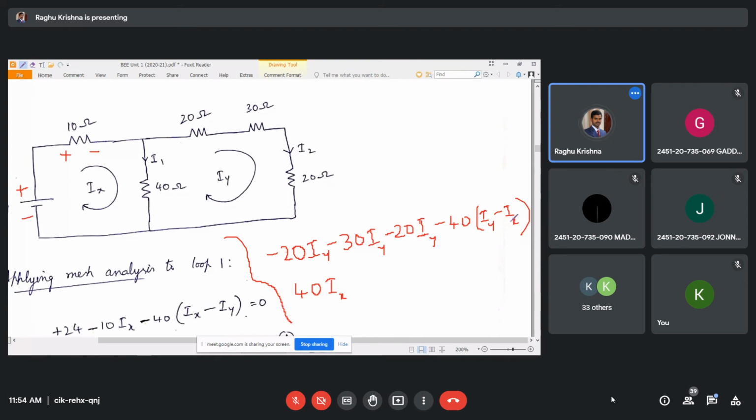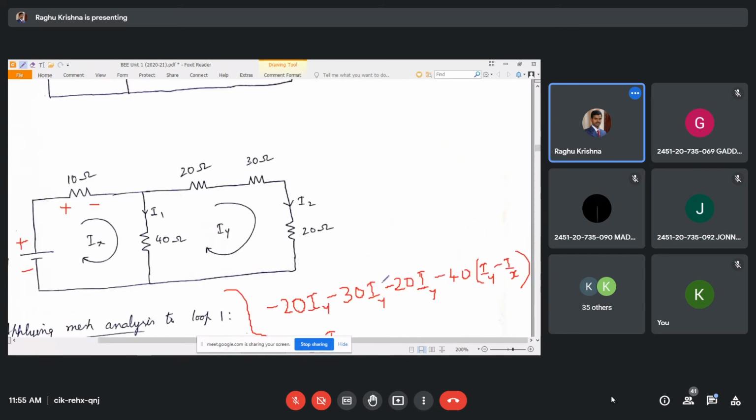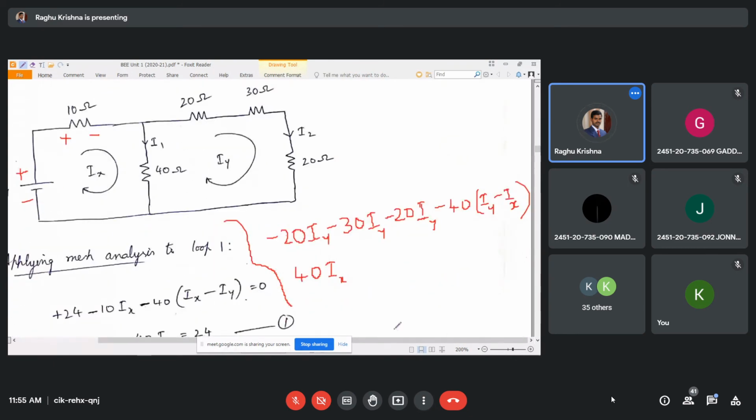Then 20, 30, 50, 70, minus 110 Iy is equal to 0.